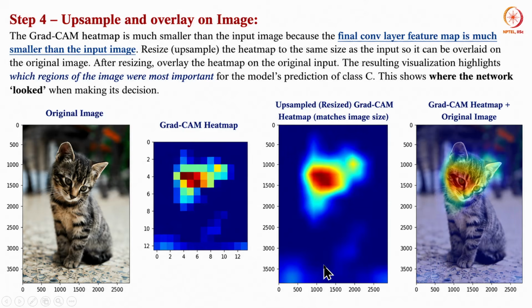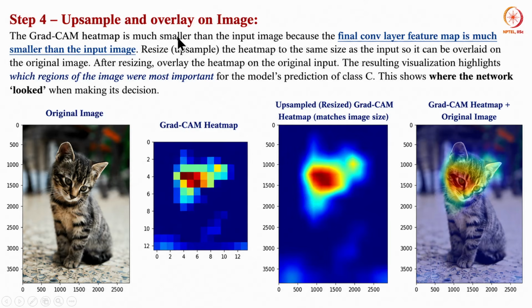And the last step is overlay. Overlay means you just put this heat map upon the original image. When you perform this overlay operation, you can find which are the regions that are most important in the identification of the class cat for this image.